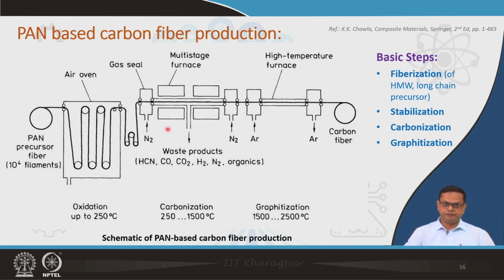So, in the third stage, which we are calling carbonization, the basic aim here is to get rid of the non-carbonaceous elements in the form of different kinds of gases like HCN, CO, CO2, hydrogen, nitrogen, so that we get rid of the non-carbonaceous elements, and finally you get a hexagonal structure of the graphite.